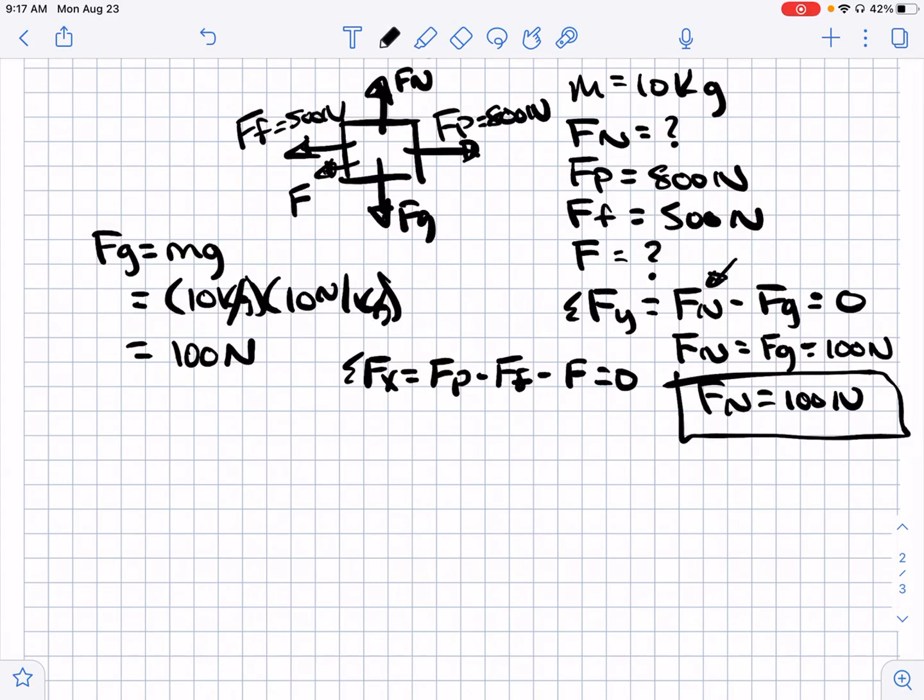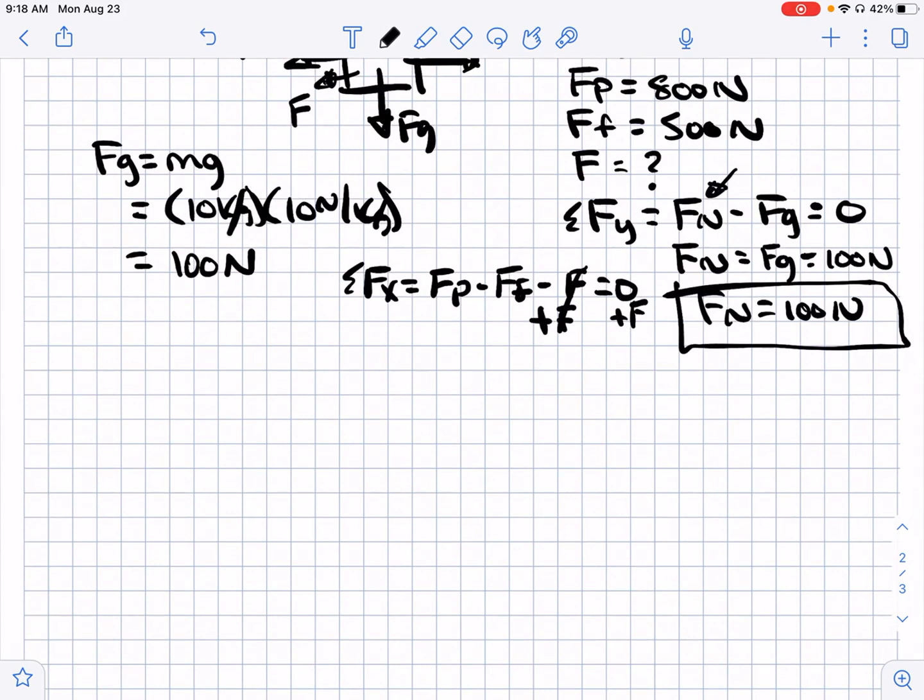So if we rearrange this equation, okay, we're solving for that unknown force, so we can add F to both sides. And if I do that, then that means that this unknown force is going to equal your push force minus the friction. And the push force we said was 800 newtons minus your friction, which is equal to 500 newtons.